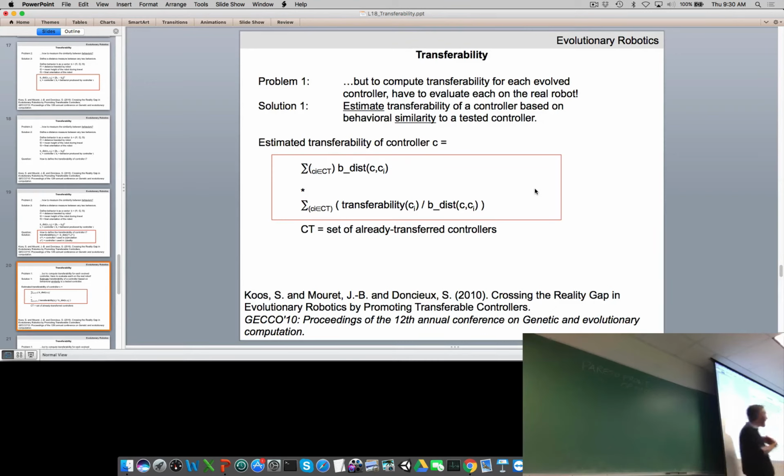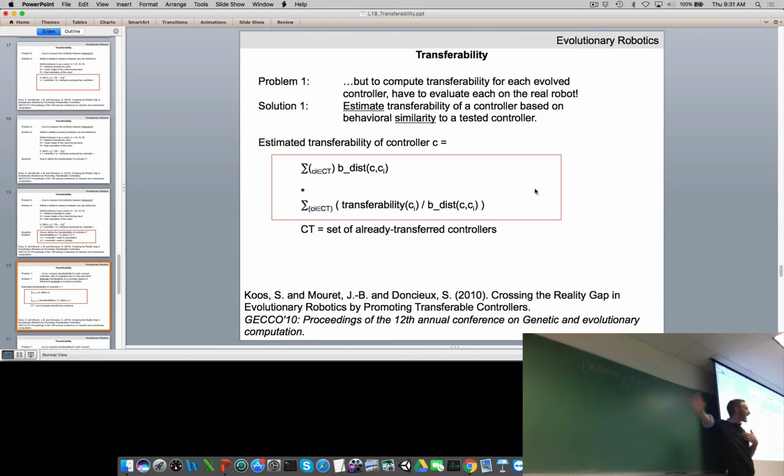So if I'm C and we're trying to measure my transferability, and there's another CI right here, which is very close to me, it produces similar motion to me, then we just look at its transferability, and that's my transferability, right? We're using CI as a proxy for C. But another CI, which is distant from C, they're very different.